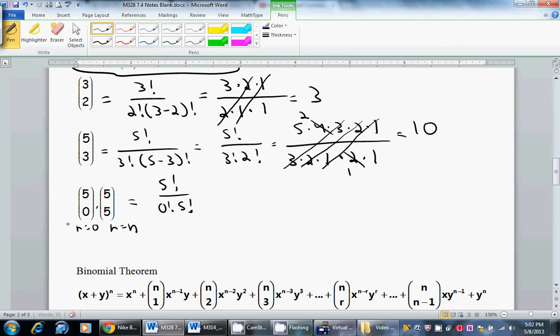If r is 0, you're going to get 5 factorial. If r equals n, these two would just be flipped the other way around. But it doesn't make a difference either way, because 5 factorial over 5 factorial cancels out. And this is why we say 0 factorial is 1, because you have to have something in your denominator. 1 over 1 is just 1.